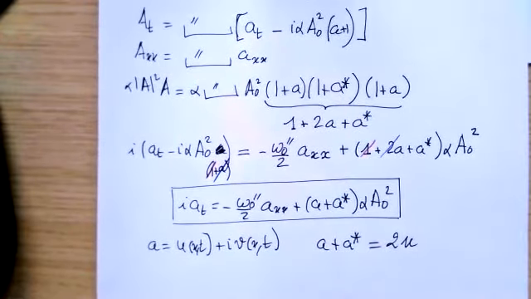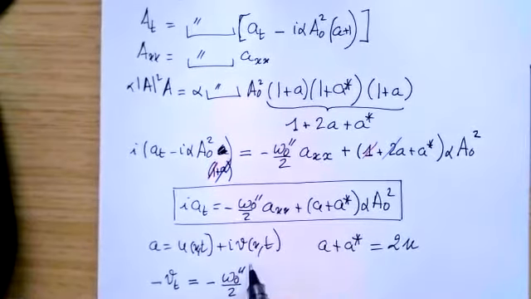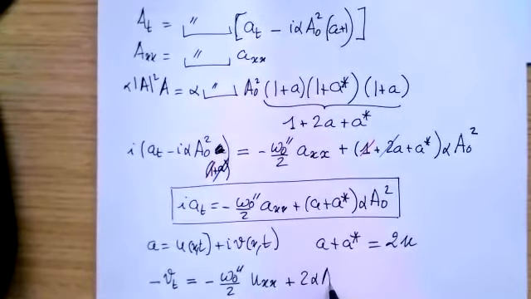And so, when inserted there, one has minus V sub t equals minus second derivative divided by 2 times u xx plus 2 alpha a naught square u.